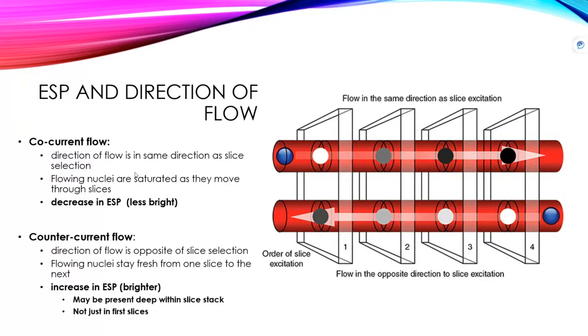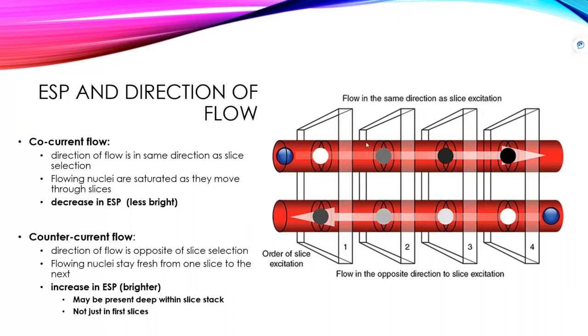Co-current is in the same direction. Co-current means that the flow is moving with the slices. So these are slice 1, 2, 3, 4. These are sequential slices that we have acquired. The spin is moving through the slices as we are acquiring them. So every time this spin is in a slice, it's getting excited and rephased, excited and rephased, excited and rephased.